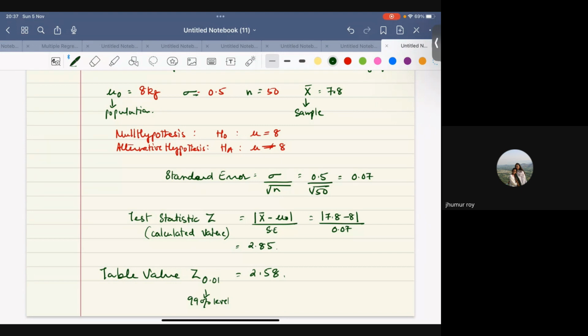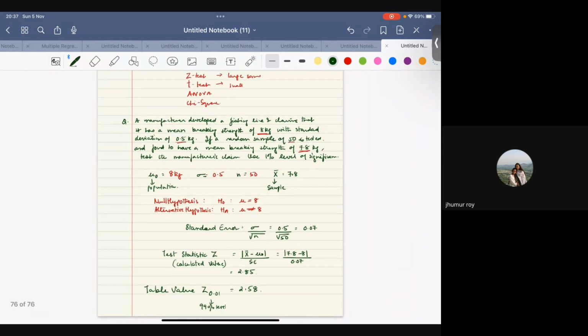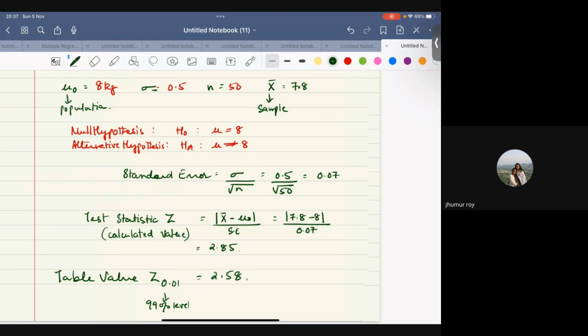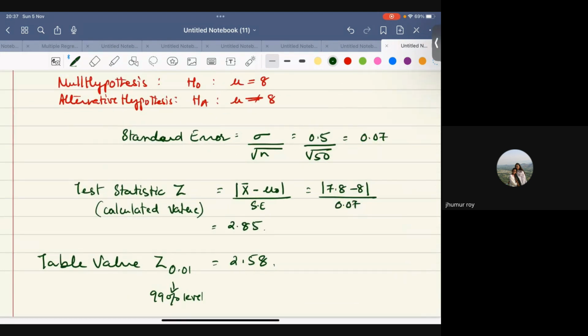Now this is most important. Okay. Now what are we seeing over here? We see that your, let me enlarge this. Okay, only this portion is important. So now see, we say calculated value and table value. Which is greater? This is 2.85 and 2.58.